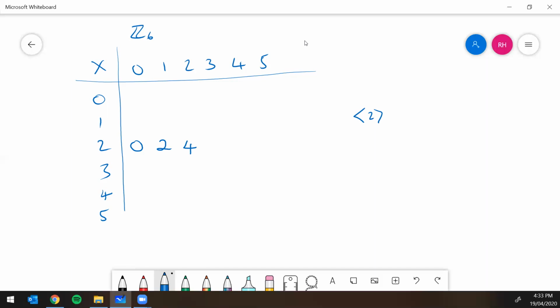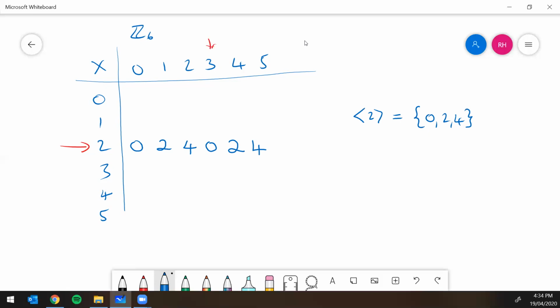So let's just slow down. 2 by 3, well, that in school arithmetic is 6, but remember we're dealing modulo 6. So this actually becomes 0. Then we go 2 by 4. 2 by 4 is 8, which is 2 modulo 6. And 2 by 5 is 10, which is 4. So notice what's happened here. This is just the set 0, 2, 4.